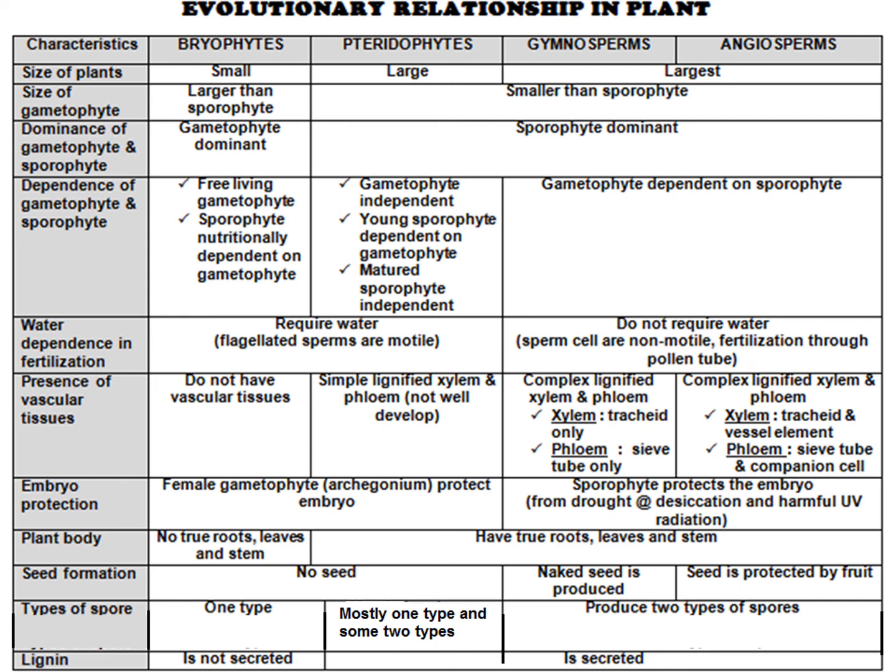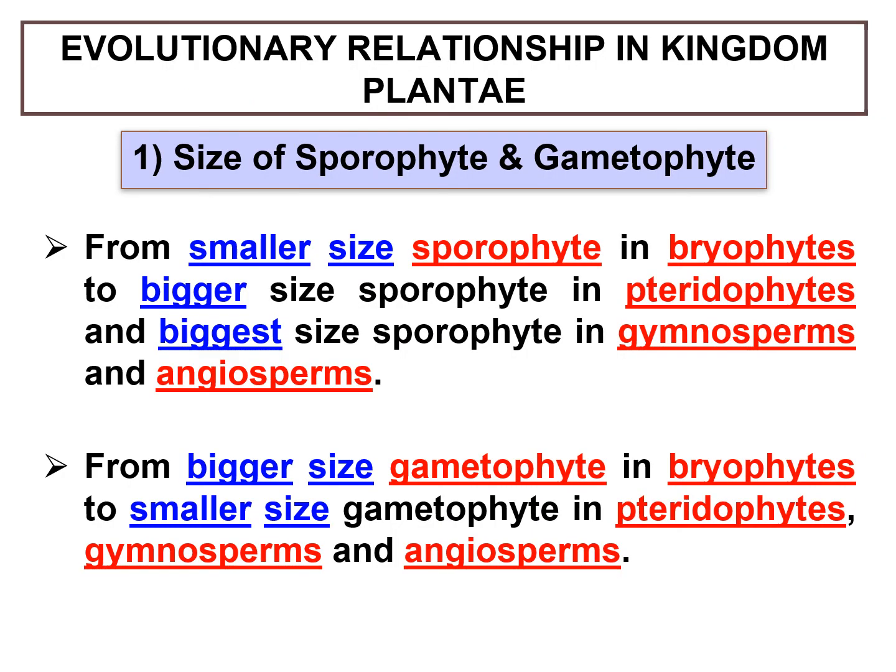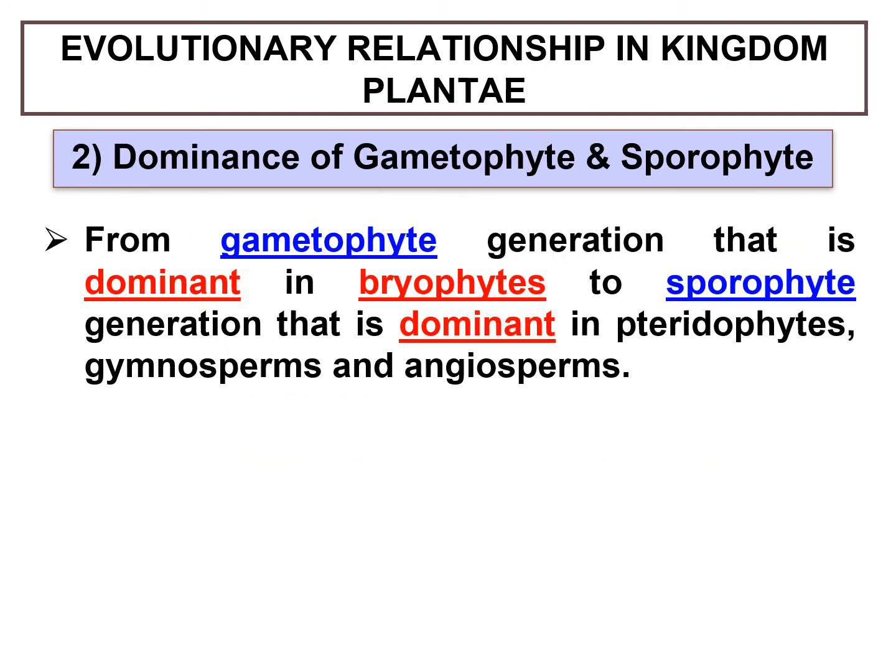Itu sebab bila evolutionary relationship ni kita akan tengok dari segi perubahan, peningkatan, kemajuan tumbuh-tumbuhan tersebut. Okay, from smaller size sporophyte in bryophyte to bigger size sporophyte in gymnosperms and angiosperms. Okay, then dominance of gametophyte and sporophyte.